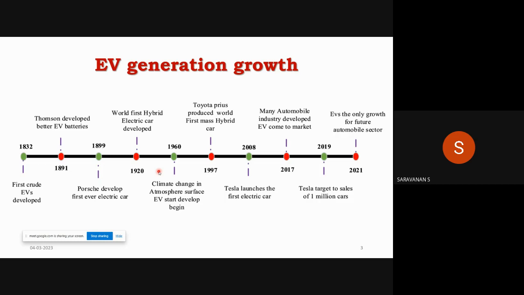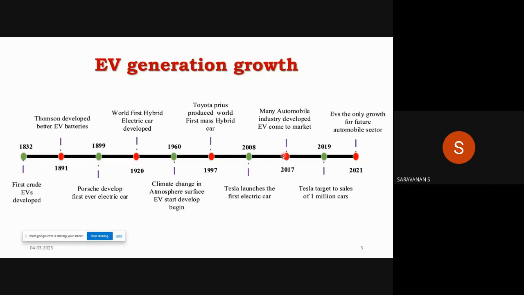Then Toyota Prius started to produce hybrid electric cars at mass level from the year 1997. So from 1997, they started to produce hybrid cars in a massive way. In 2008, Tesla launched their first electric car. Till date, we know Tesla is the major electric vehicle producer all over the world.